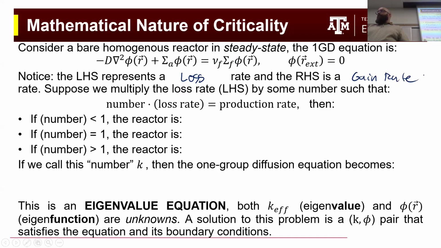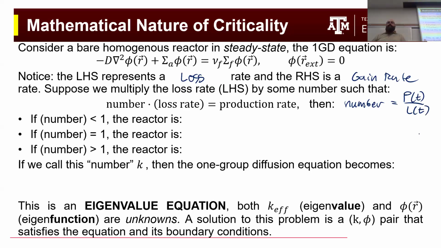If I were to take this equation and multiply the left-hand side by a number such that my equation looked like this, then I could also say that that number is equal to my production rate over my loss rate, P of t over L of t.